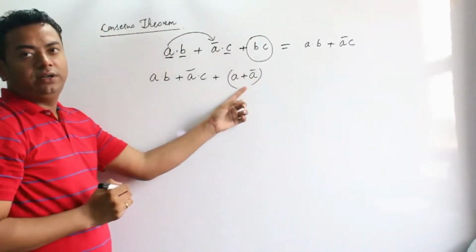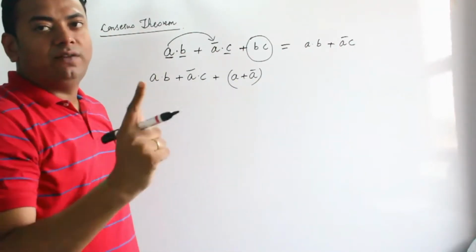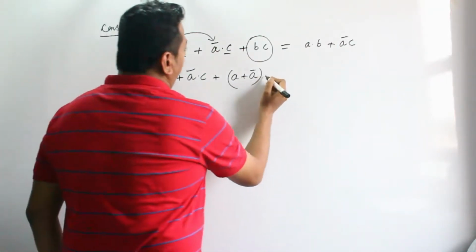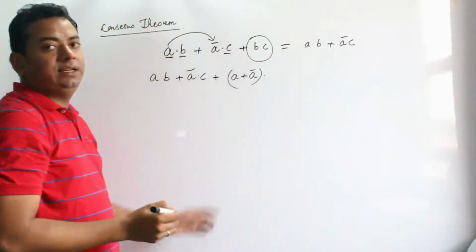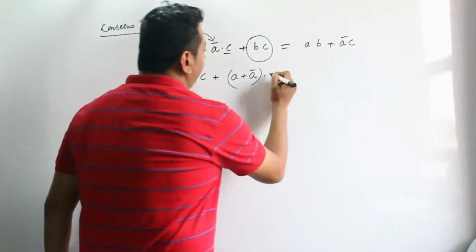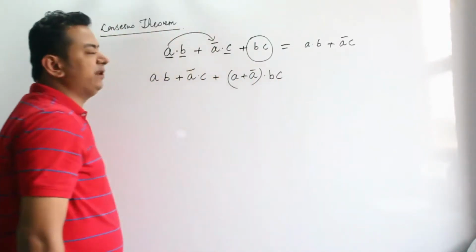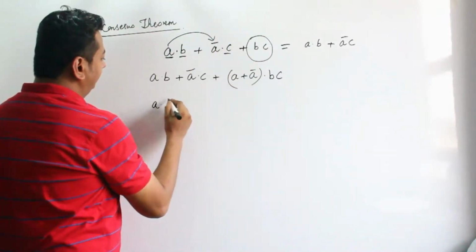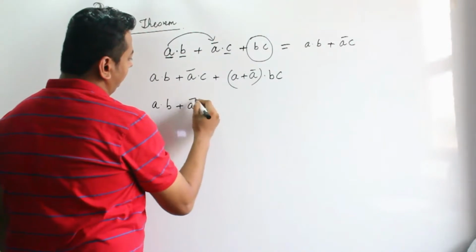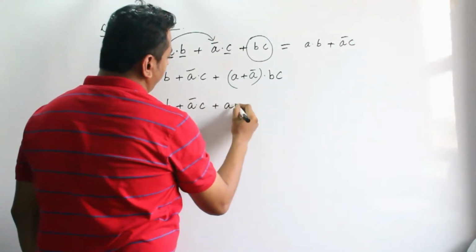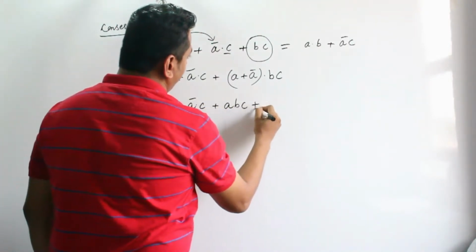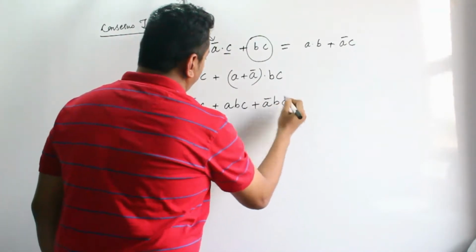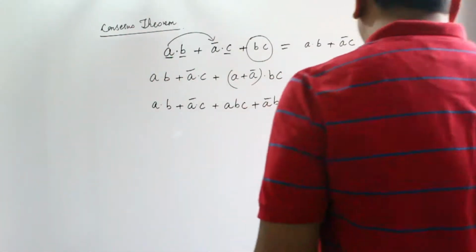A plus A not, because A plus A not is always 1, and if 1 is ANDed with any Boolean expression, it will remain the same. So now expand this one. Right?